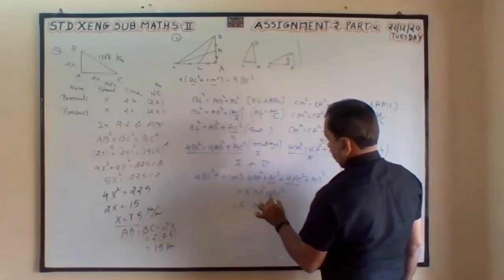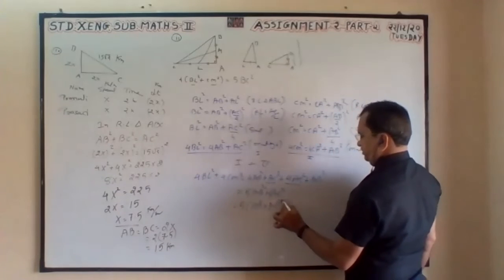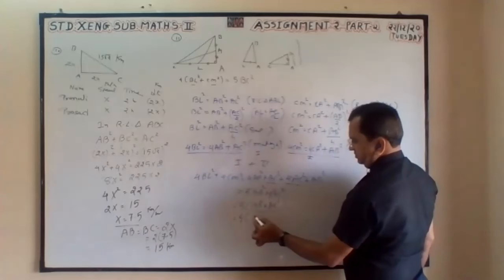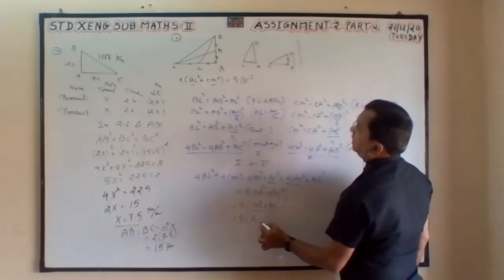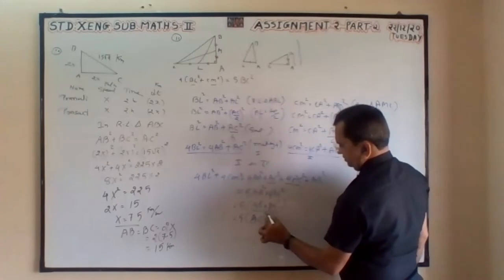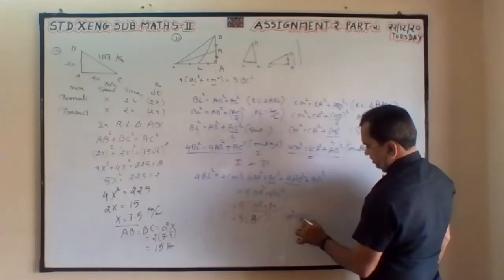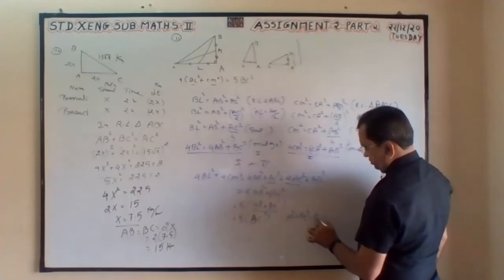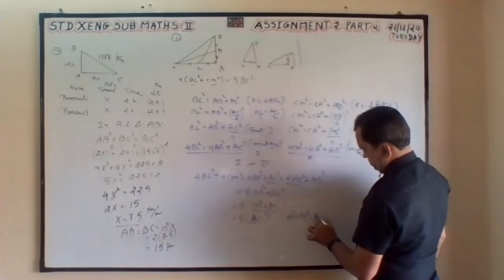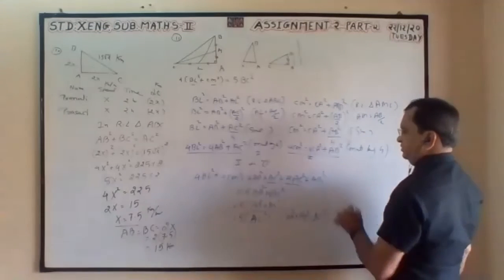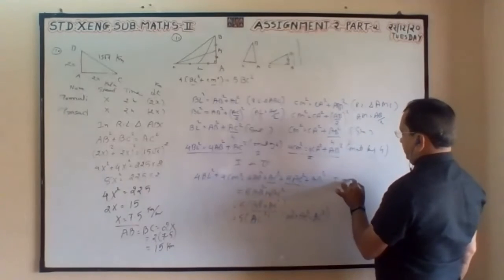AB square plus AC square is BC square by Pythagoras. Correct. This is by adding first and second.